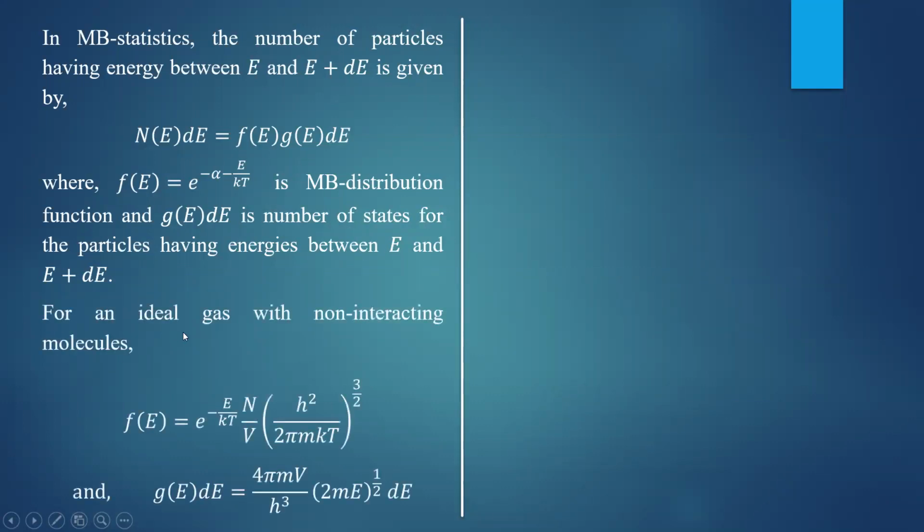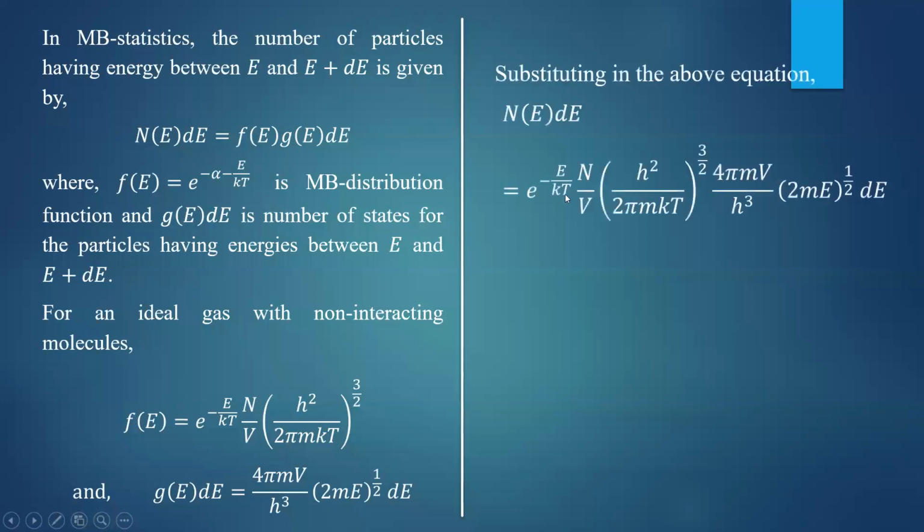And for the ideal gas with non-interacting molecules, that is the distinguishable particles, we have obtained f of E equal to e to the power minus E by kT into n by V into (h square divided by 2 pi m kT) to the power 3 by 2. And we have the density of state g of E equal to 4 pi mV divided by h cube into (2m) to the power half into E to the power half dE. We have f of E, we have g of E. Substitute here and find the value of n of E.